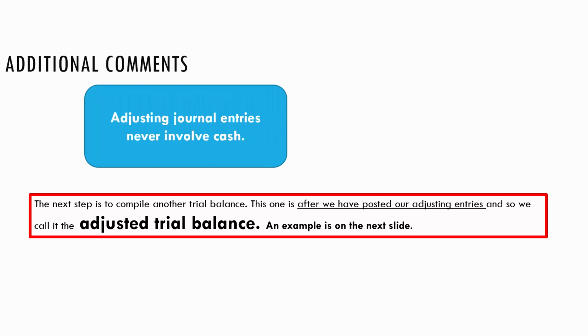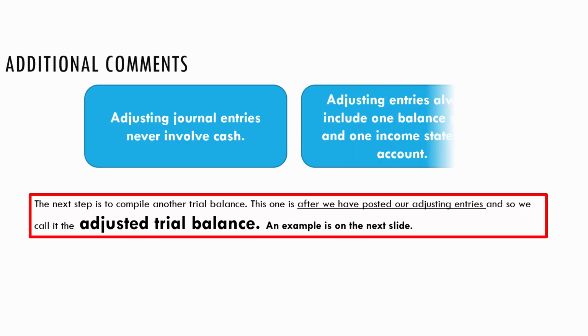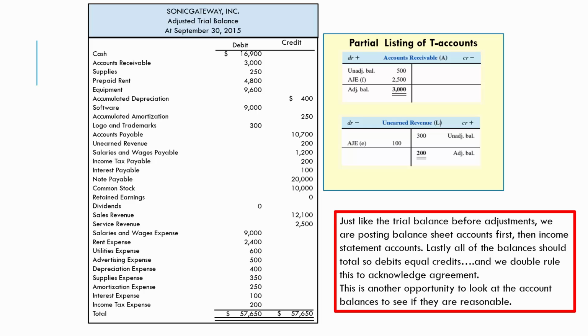There are a few additional things that we should think about here. When we do adjusting journal entries, it never involves cash. And also, there's always one balance sheet item and one income statement item in every journal entry. After we have posted these, what we call the trial balance is an adjusted trial balance.